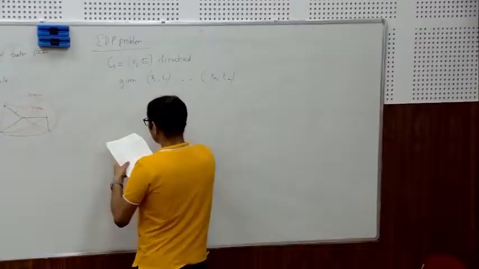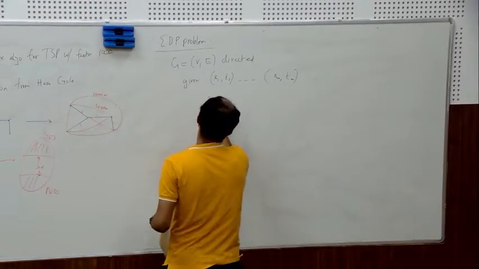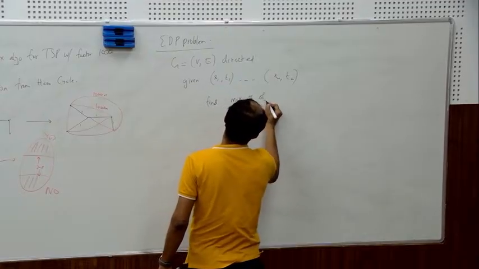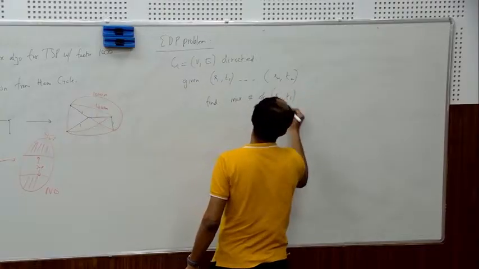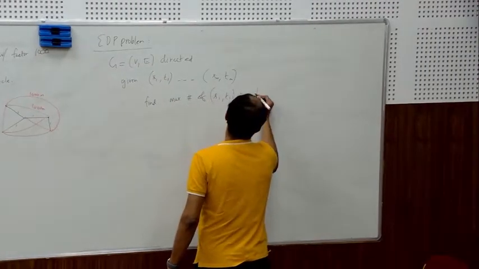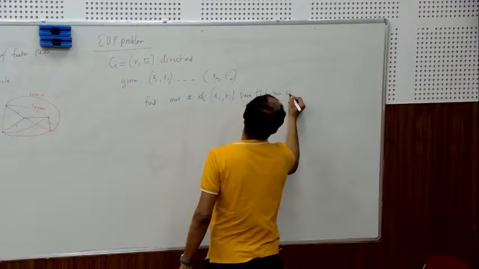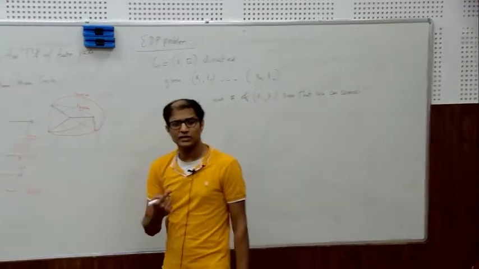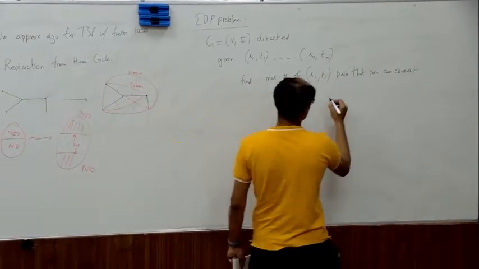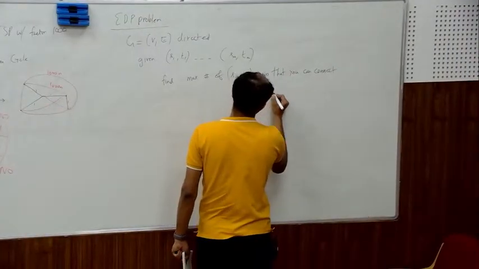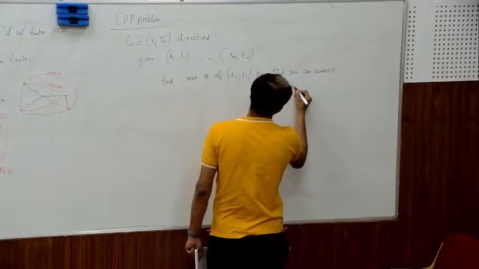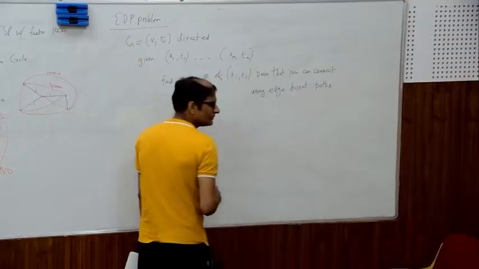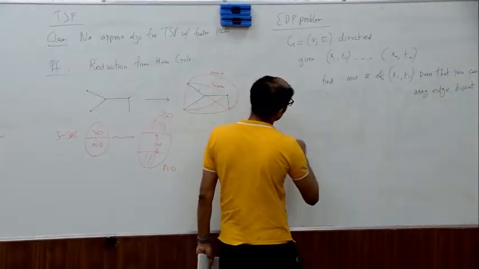You want to ask: what is the maximum number of SiTi pairs that you can connect when I force you to use paths which are edge disjoint? That's the question.